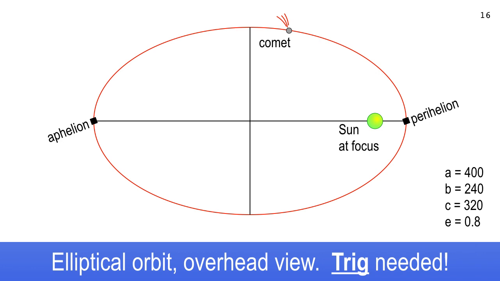Now, go ahead and draw a vector from the sun to the comet. All right, there's your position vector r. And trace in a velocity vector that's tangent to the red ellipse. So just like that.